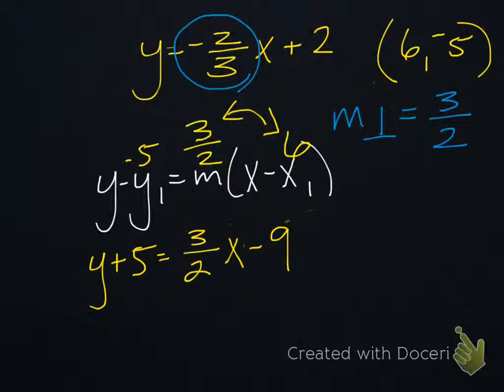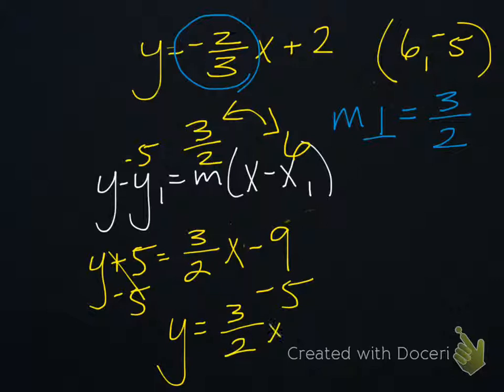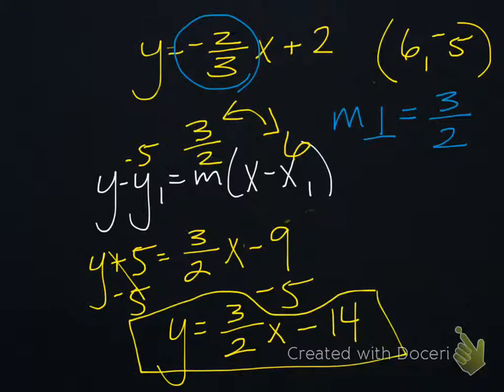I'm already feeling good, because when I subtract the 5, I have exactly what I thought was going to happen. I'm going to have a b, or a y-intercept, that is much further down than my original picture I couldn't show. So I'll make that in English in a second. -14. This is my slope-intercept form. y equals 3/2 x minus 14. And if you recall, when I had drawn it, my line was going like this.